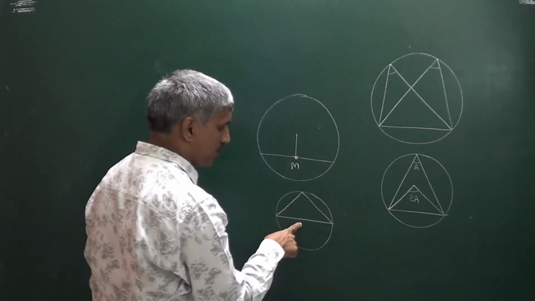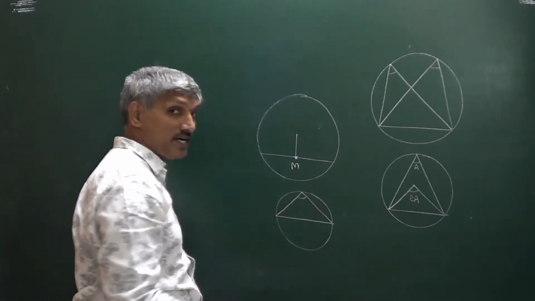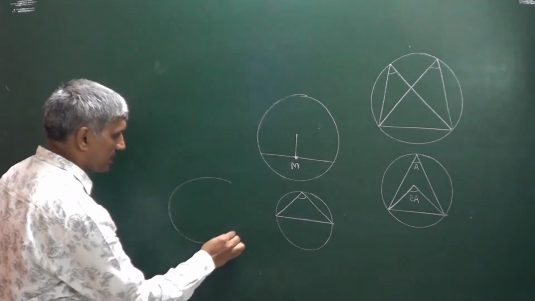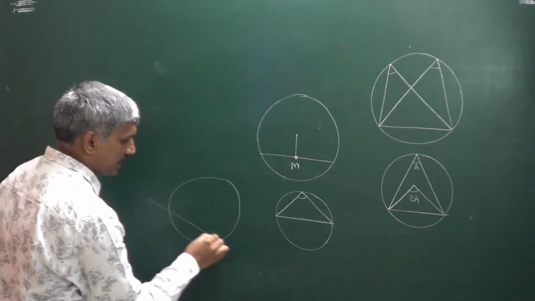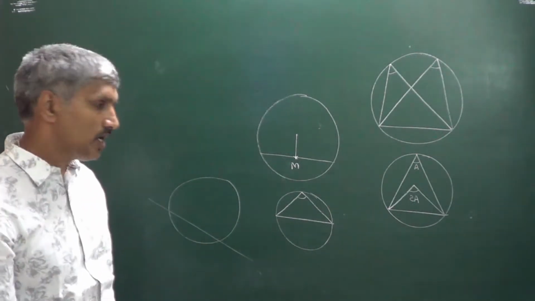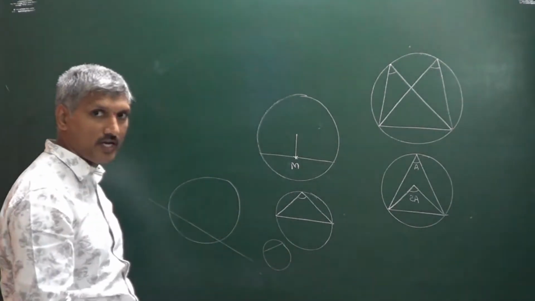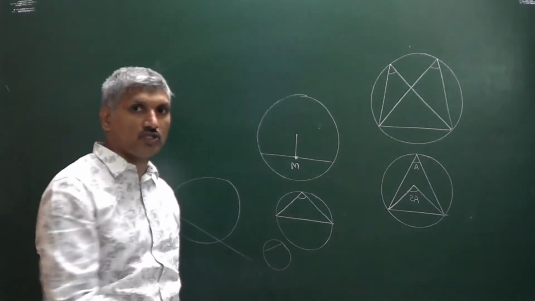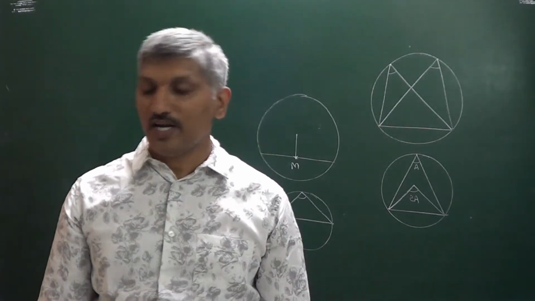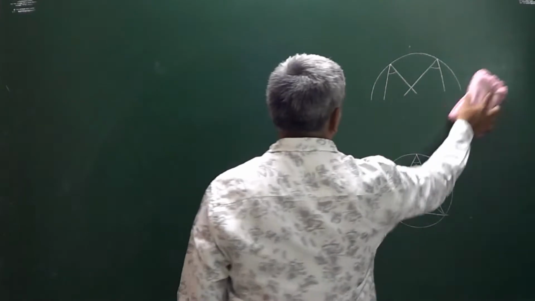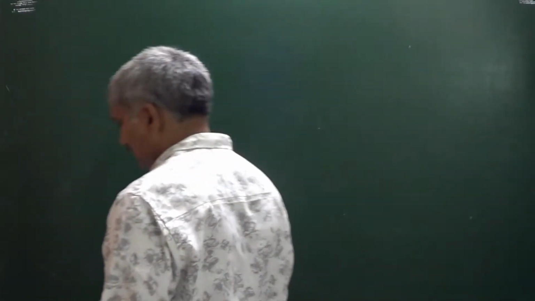If this is the diameter, this must be 90 degrees. We are calling this one a secant line, and we will call this one the chord. A chord passing through the center of the circle is called the diameter. These are basic ideas which we are going to use in the coming classes.